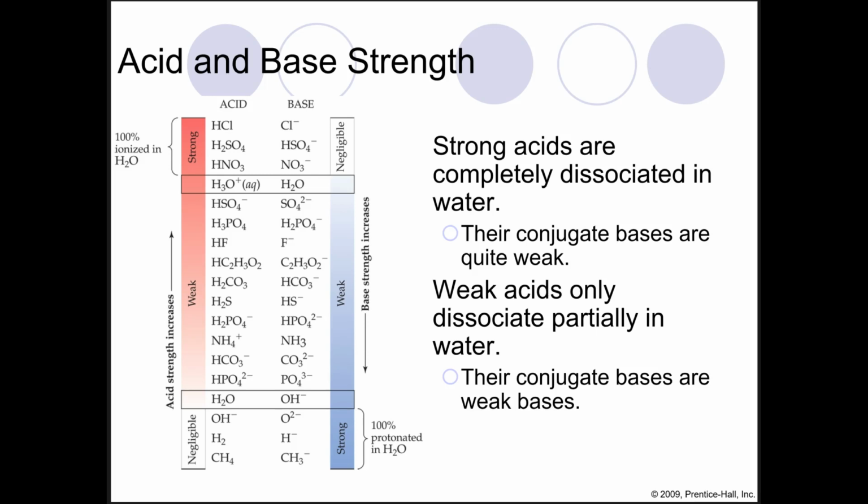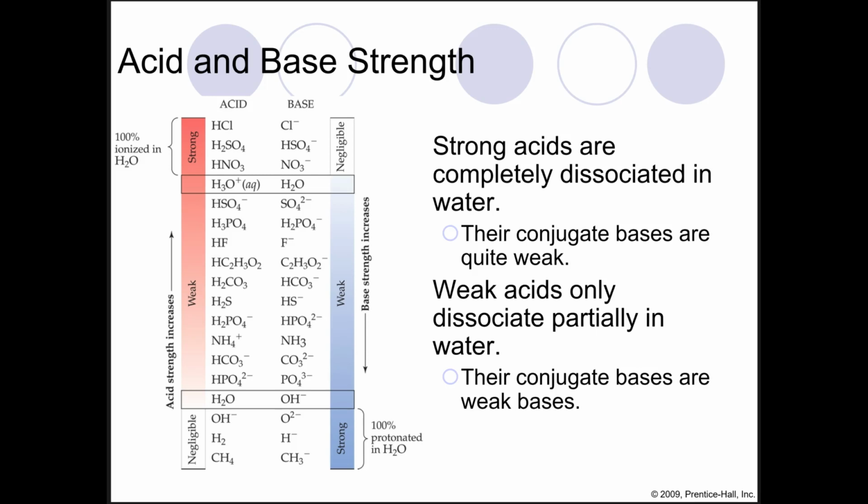So the H2S is a weak acid and the HS minus is a weak base. The other way to think about it is there's a checks and balances for this. If you have a really strong acid, to balance that, its conjugate base is really weak. If you have a really strong base, to balance that out, its conjugate acid is really weak. If you have somewhere in the middle, then the weak acid and the weak base are both kind of in the middle, average weak.